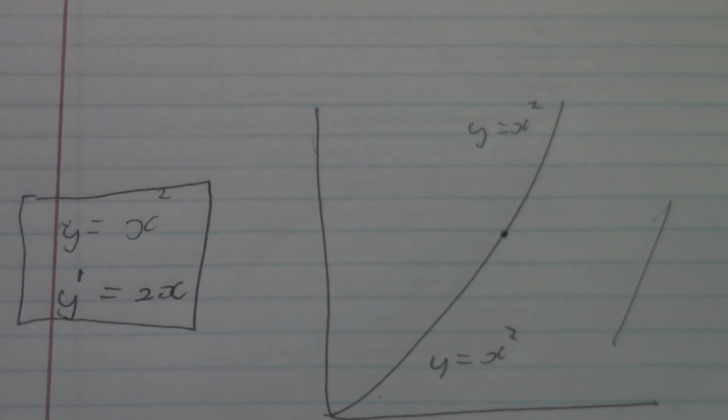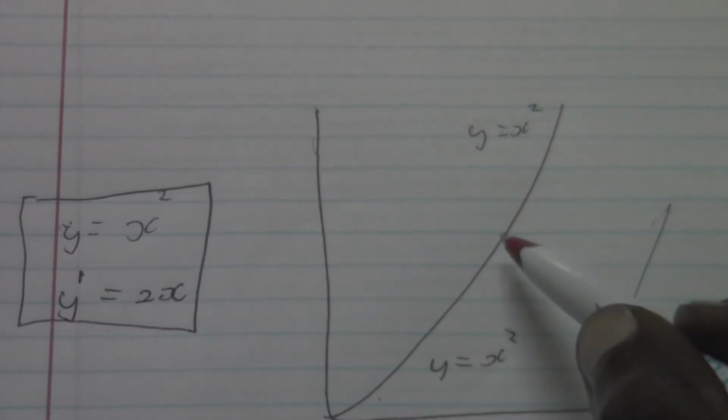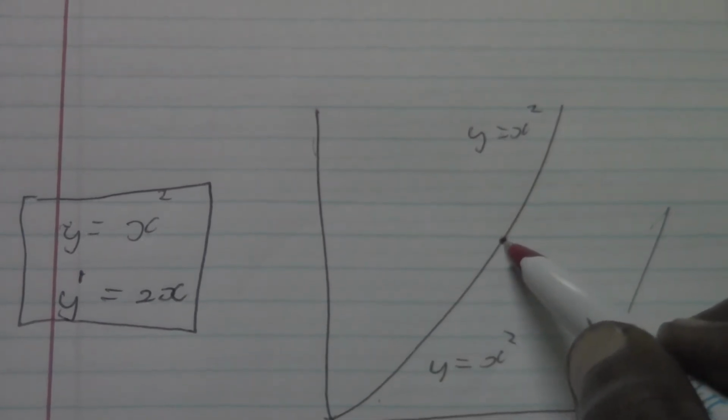Now, a next type of question where we have to use first principles is in finding the equation of the tangent of a line that passes through a particular point. Now, think of this. We're investigating this point.